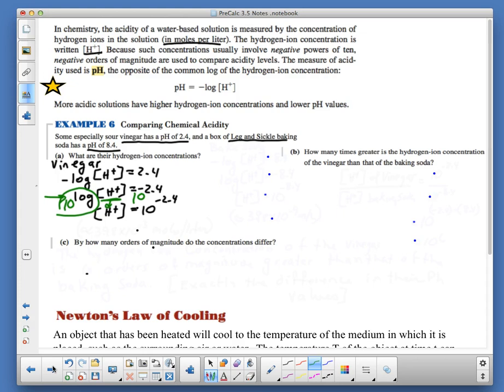And that's why I can do that. This is raising 10 to the -2.4 power. Well, put that in your calculator. 10 to the -2.4 power. And I'm able to find about 3.98 times 10 to the -3 moles per liter. Okay, that's my concentration.